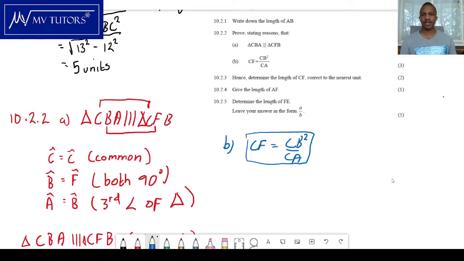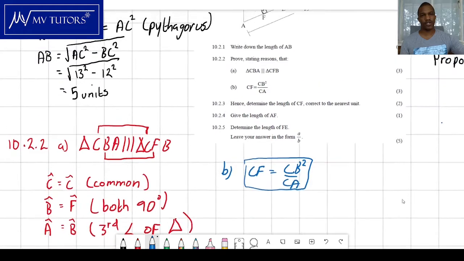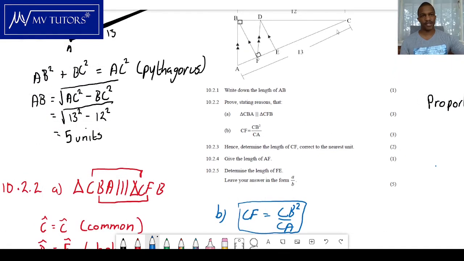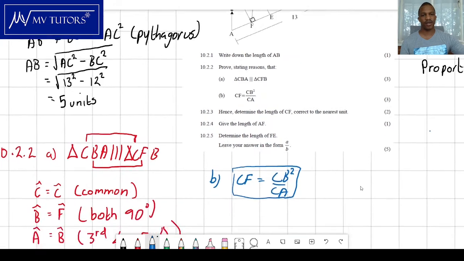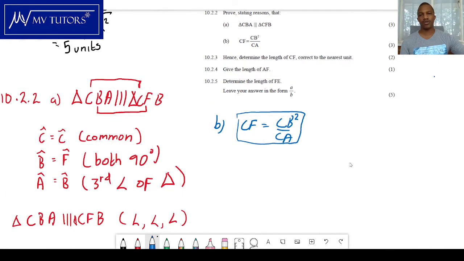This is where I was saying that you take the part of proportionality that is relevant for that particular question. If we look at the question, we have CF, which is from the small triangle, and CB is from the big one, and CA is from the big one. You can use what we proved here.